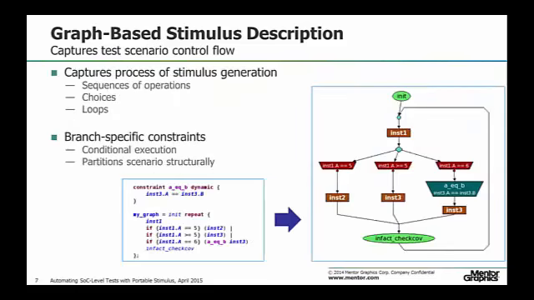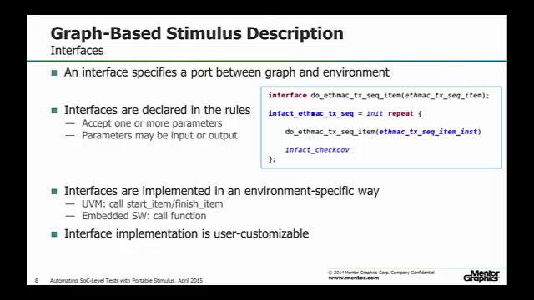So this is simply the connection between your test bench or verification environment and the graph-based stimuli description. An interface is declared in the rule file, and it simply specifies that I have some inputs, which are variables that can be read from the DUT or test bench, and I may have some outputs, which are transactions generated by the graph. Now, this doesn't say anything about the implementation.